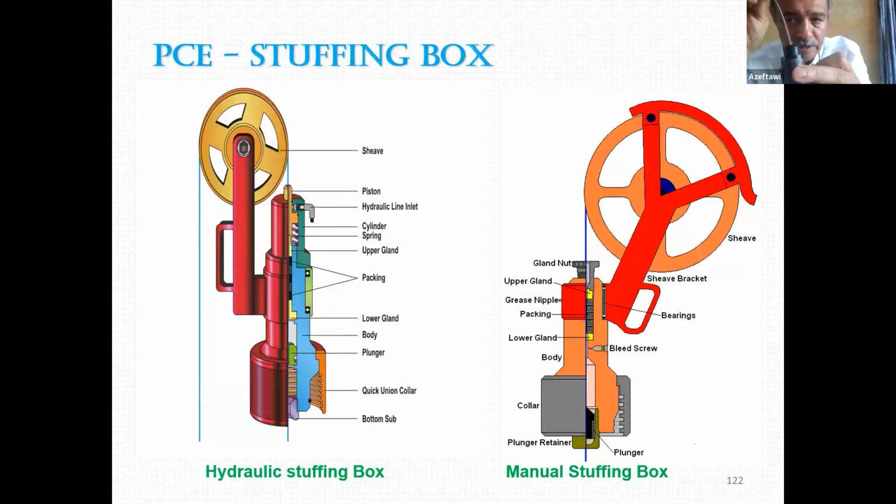The moment the wire is out of the plunger, hydrocarbons are coming out. So it will push this plunger up, squeeze it in this profile to act as a blind, preventing the hydrocarbons from escaping out of the well.